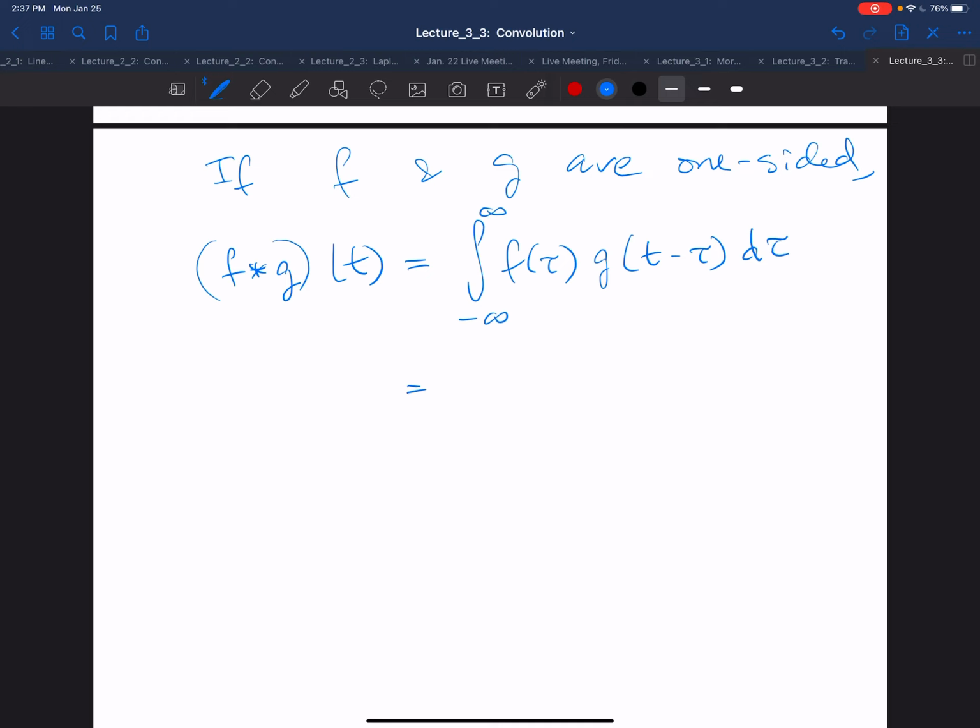Okay, but because f is going to be 0 whenever tau is negative, we can just write this as the integral from 0 to infinity of f of tau g of t minus tau d tau. I'll write it as 0 minus here.